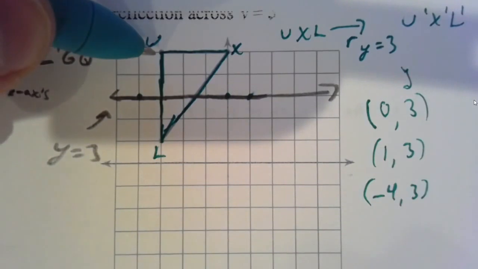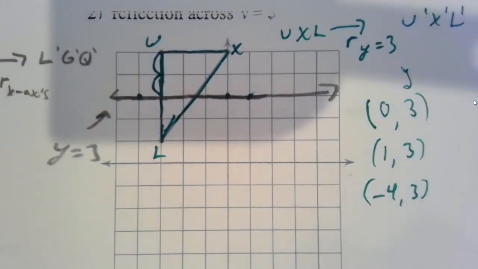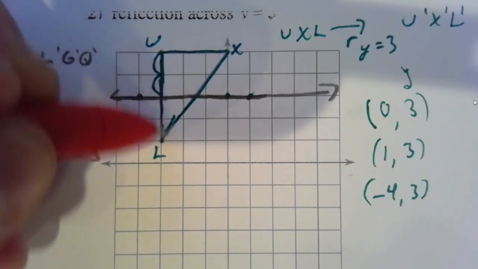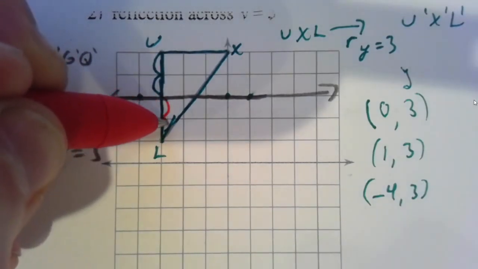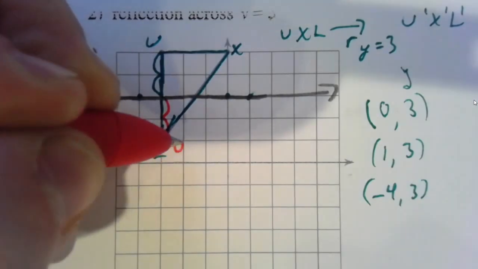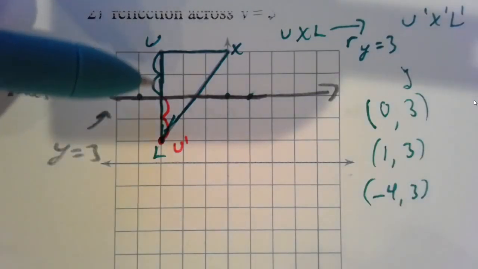So I've got U, it's 2 away from y equals 3, which means I'm now going to go 2 more away. So 1, 2. And even though it's on top of L prime, that's okay. U prime is going to be right over there. Same thing with L going up.